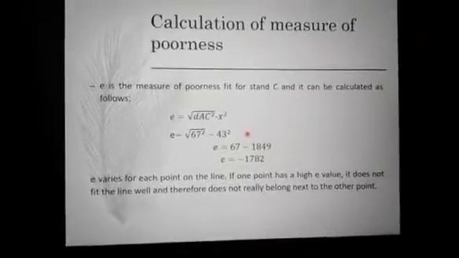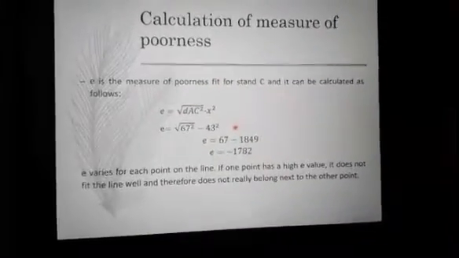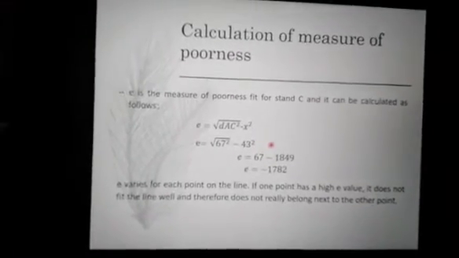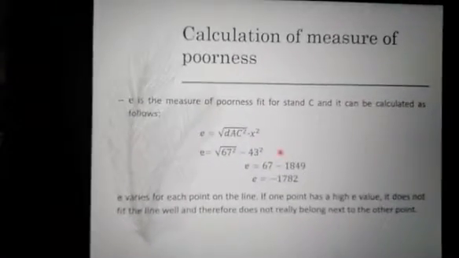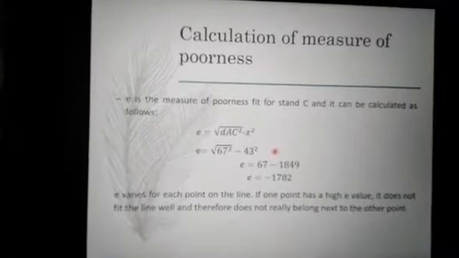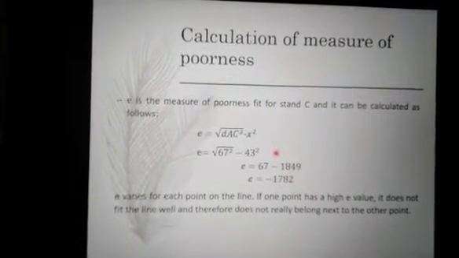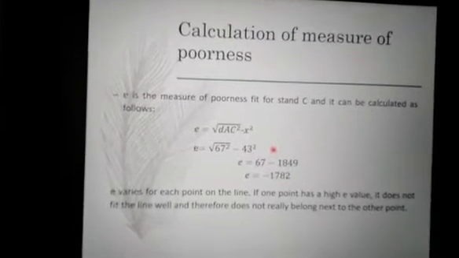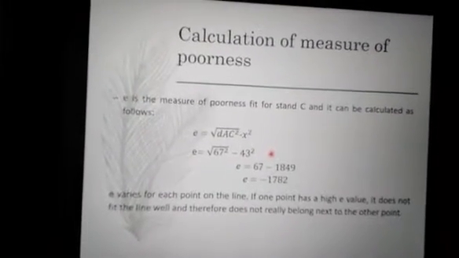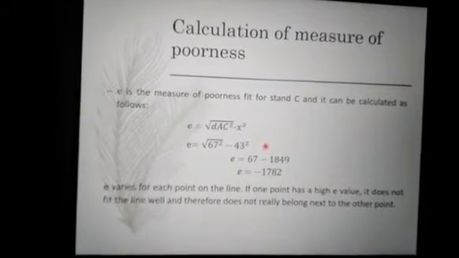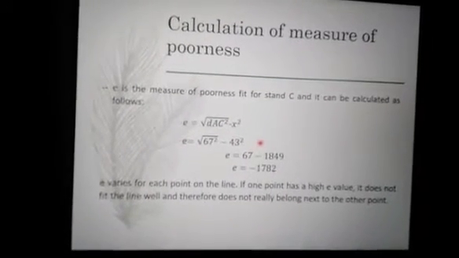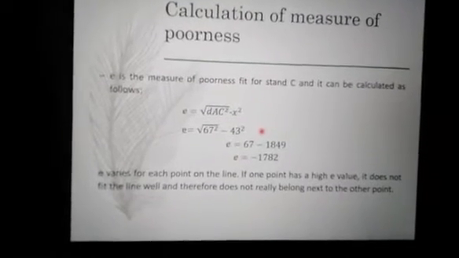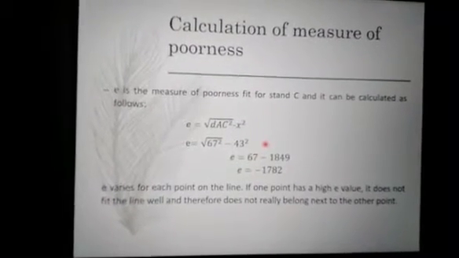Calculating now the measure of poorness, which is E, it is the measure of poorness of fit for stand C, and it can be calculated as follows. E is equal to the square root of DAC squared minus x squared. So DAC we know is 67, so 67 squared minus x squared, with x found in our previous example.